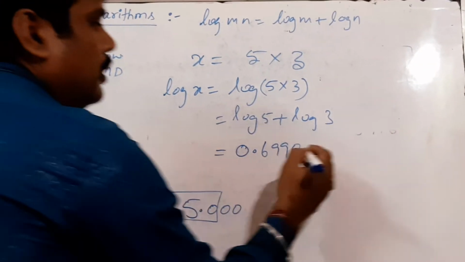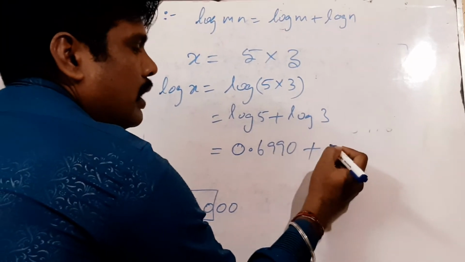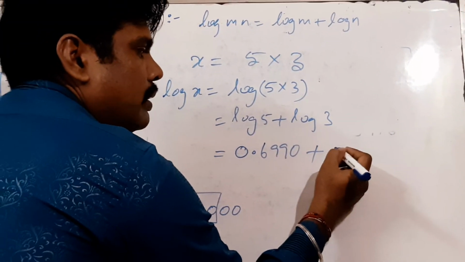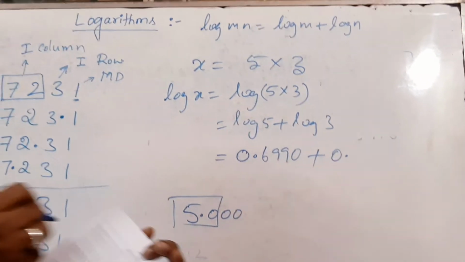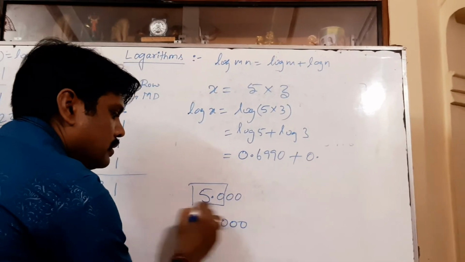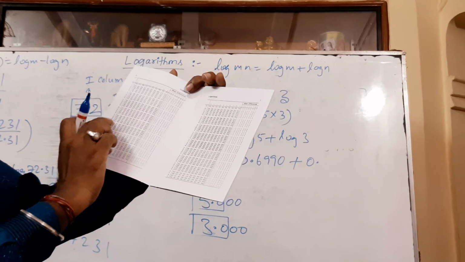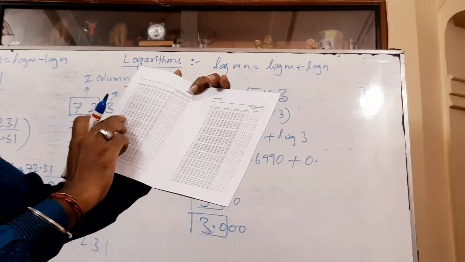6990, plus the logarithmic value of 3. The characteristic is only one number, one digit minus 1 is 0. 0 characteristic. 3 can be written as 3.00. So the first two digits are 30, so 30 0 I have to see. 30 0 means 4771.